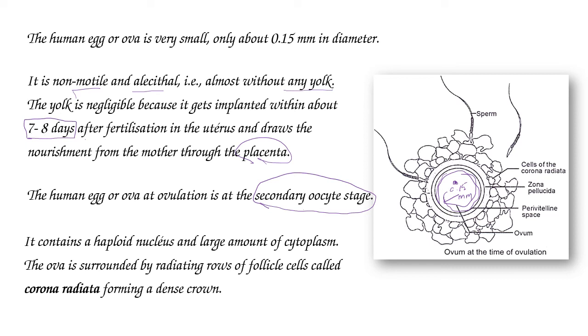And now come to this. This secondary oocyte contains radiating rows of follicle cells. These are the radiating cells, all outside. These cells are called corona radiata cells, which form a crown on the secondary oocyte.